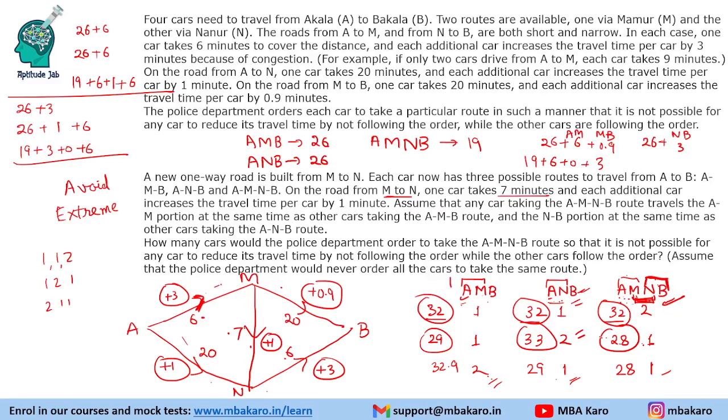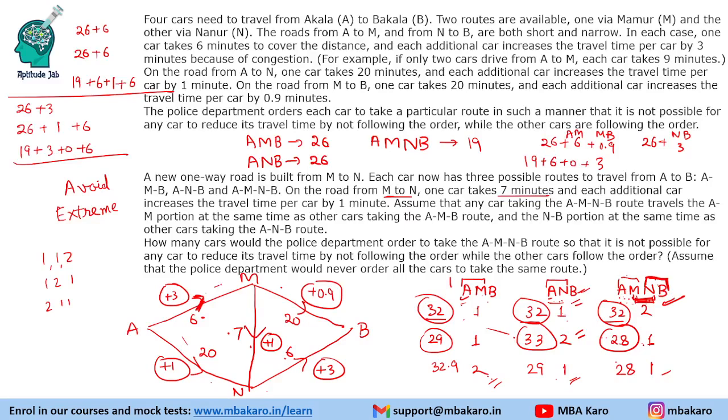So if it breaks the order, it will have an advantage that it will save time. Okay, and hence this case is not possible. So if it is traveling at 33 minutes, it will try to break the order. Okay, and it can go to any of the routes.